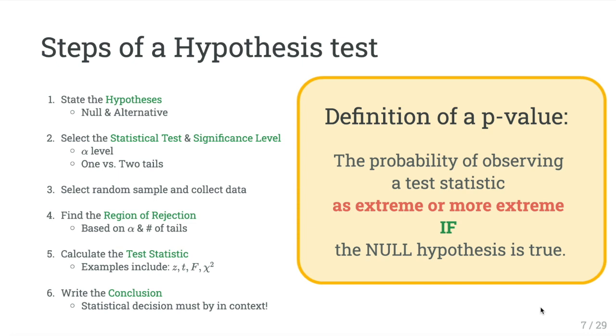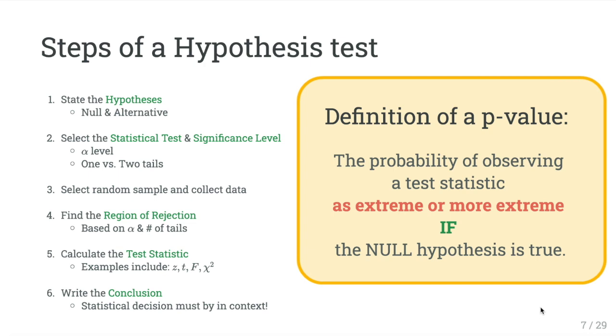So the p-value is the probability of observing a test statistic as extreme or more extreme if the null hypothesis is true. I want to take a second and help you understand what the p-value is actually telling us. Ultimately, for the hypothesis test, it's the core thing that we want to get out. So it's really helpful if you understand what it means.